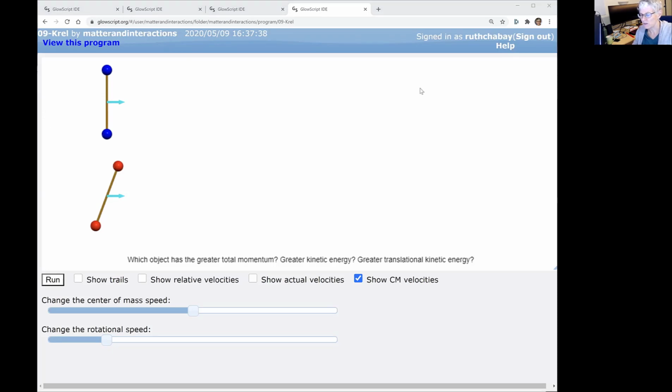And we can see this by actually looking at the velocities of the balls themselves.